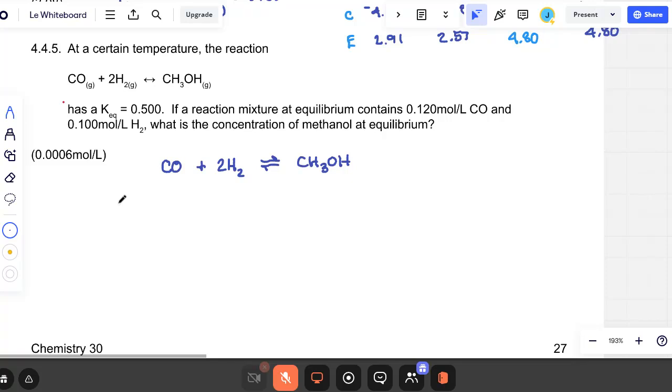Okay, this is actually not an ice table because they don't start with initial amounts or anything like that. We have this reaction and they give us some equilibrium numbers, so I will take those. They say at equilibrium we have 0.12 moles per liter of carbon monoxide and 0.100 of hydrogen.